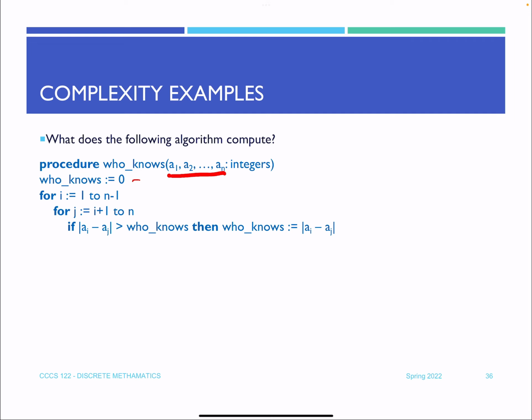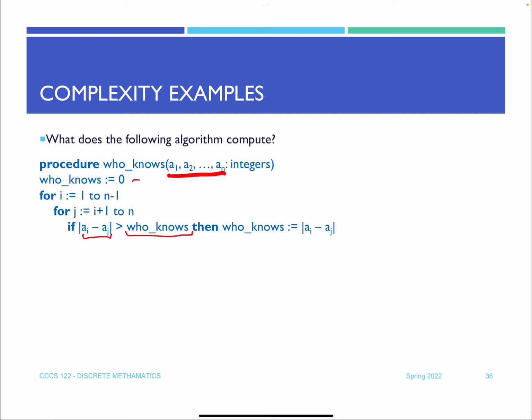And inside the inner for loop, we have an if condition, which compares the difference between ai and aj, the absolute value of them, and compares that absolute value with who knows.